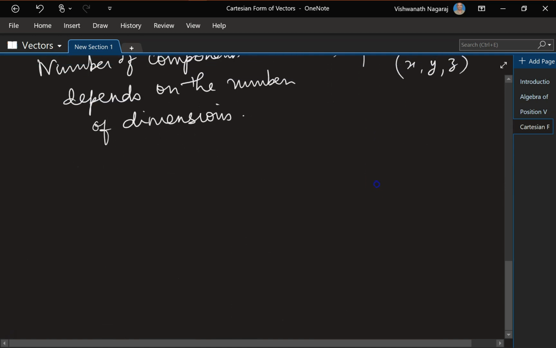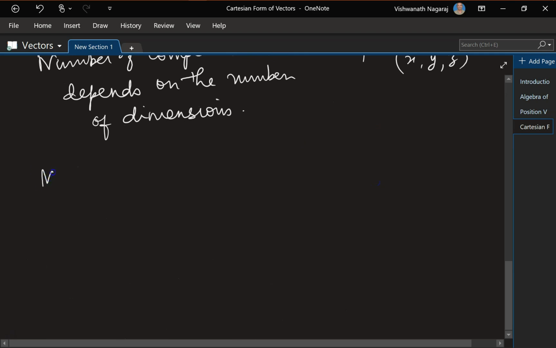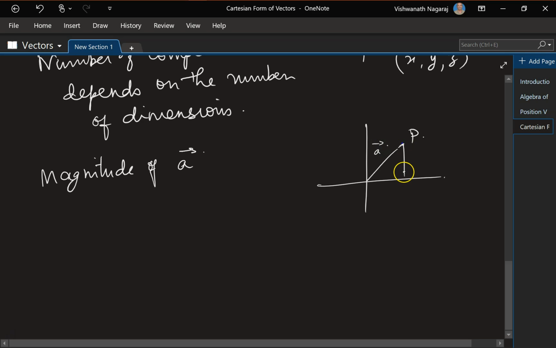So magnitude of vector A, let me just draw it again here. So let us say this is P, and let's say this is vector A. Then we know if we drop a perpendicular to the x-axis, then let's say this is x and this is y.